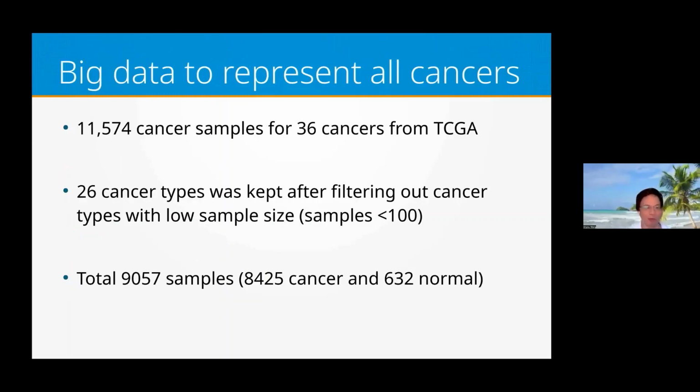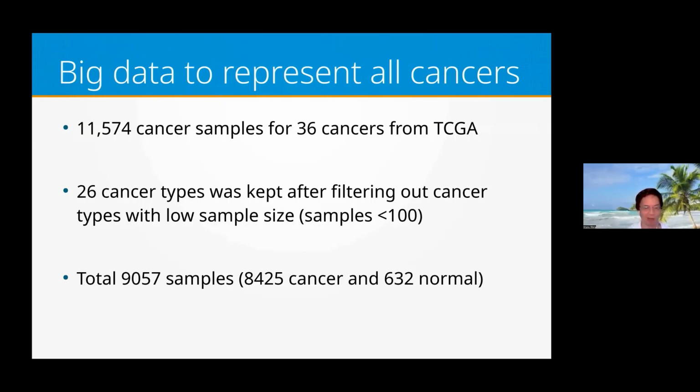I got one big data set, actually the biggest data set in the world right now, from the TCGA database. It has 11,000 cancer samples and 36 cancer types.